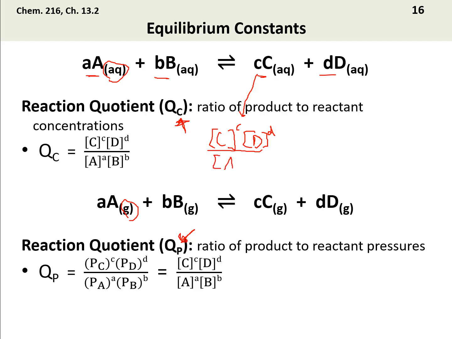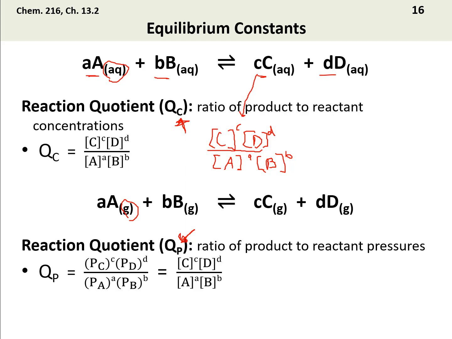And then I do the same thing for my reactants, raised to their coefficient. I know this is different than what we learned in kinetics. In kinetics, I said you can't do this. In equilibrium, you do it. Why is that the case? It's because they're different topics. When I'm dealing with kinetics, I'm dealing with one set of rules, equilibrium, a different set of rules, because here we're looking at the stoichiometry.